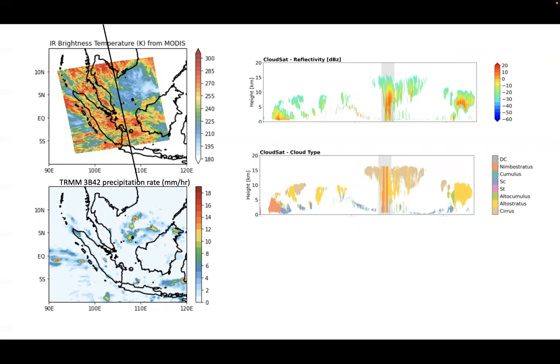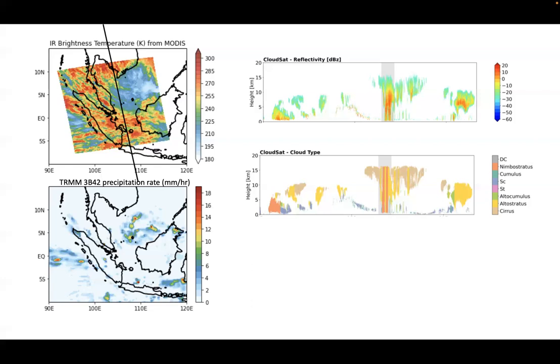So here's one example. On the upper left is the MODIS view of convective clouds in terms of the brightness temperature. The bottom is the TRMM 3-hourly precipitation rates. You can see these rain cells are embedded in these deep convective clouds. These clouds are so widespread, but not everywhere is raining.